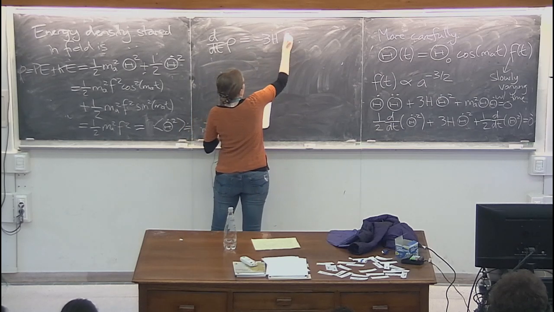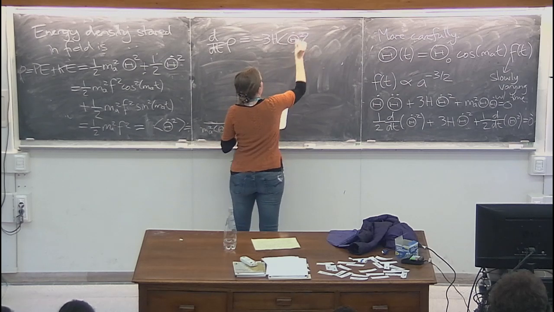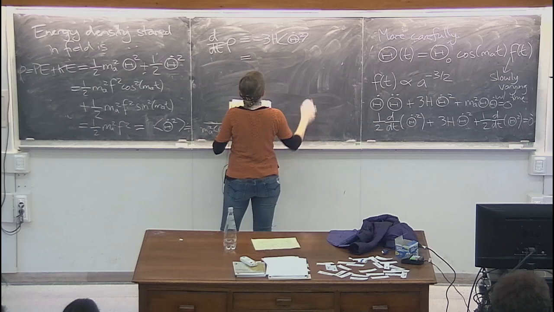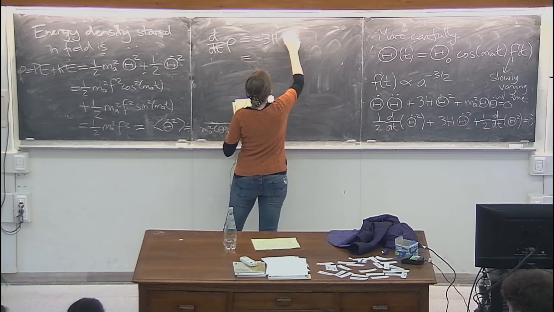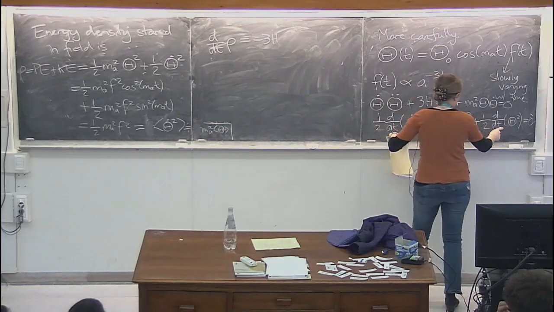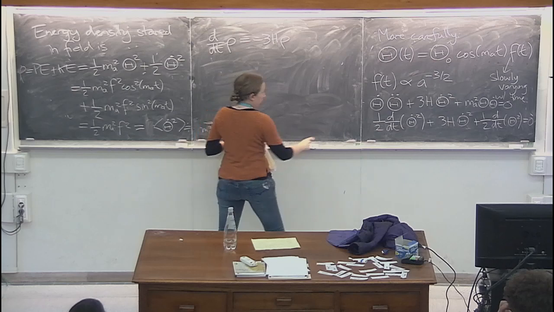Okay, sorry, I've got to be a little bit careful there. Those two terms adding together are going to give me just a half rho plus a half rho. This is just going to give me 3H rho.